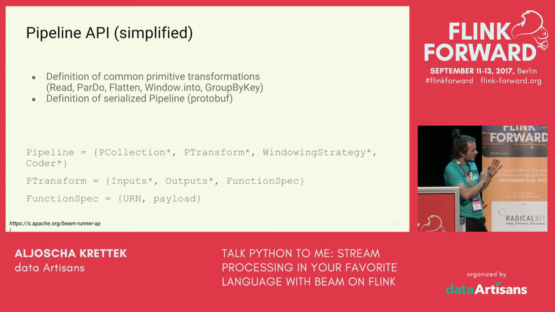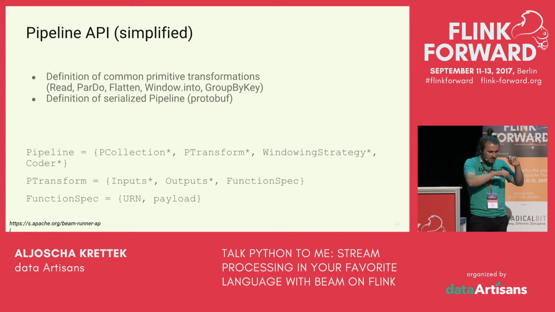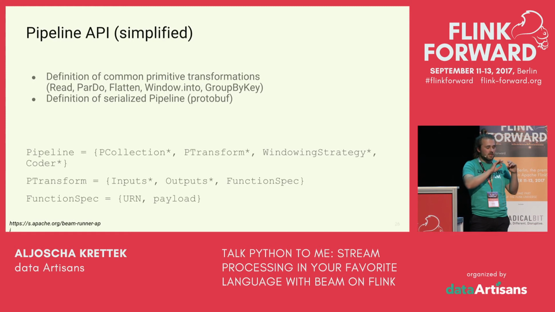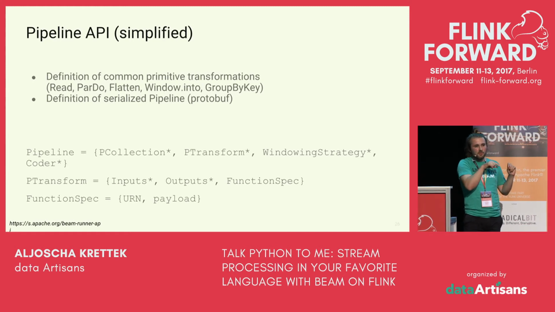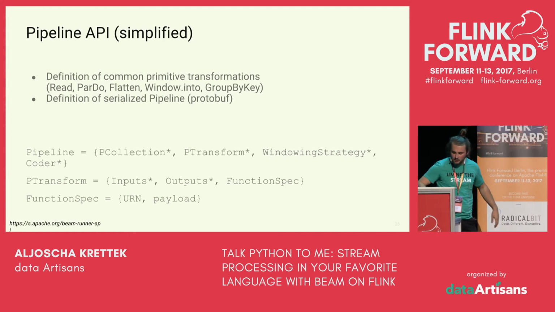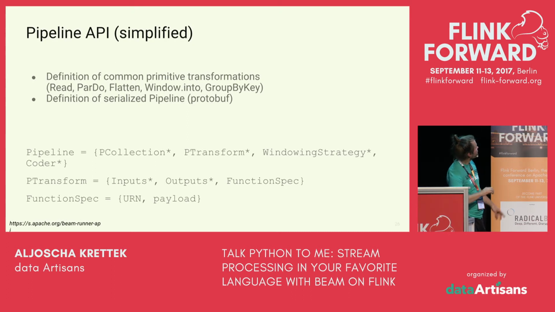And it consists of the coders in the pipeline. So coder is the equivalent of Flink's type serializer and type information. And this is what is used for serializing events when sending them between operations in the pipeline. And this is also what is used, for example, for serializing data when you send it over the Fun API to user code written in a different language.